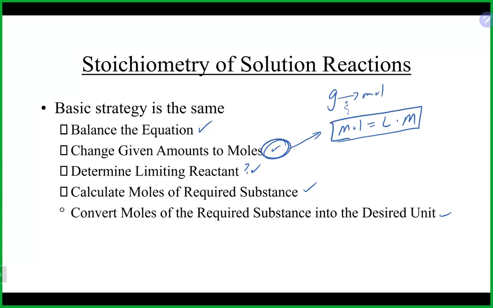It's just using the volume and the molarity that's given to us to get to moles rather than using grams and the periodic table. And really, the only other difference is at the end here. Again, a lot of times we may actually calculate the molarity. So we may just use the molarity formula to calculate it. In addition, maybe we know the molarity and we'll know the moles. So maybe we'll solve for something like liters sometimes as well.